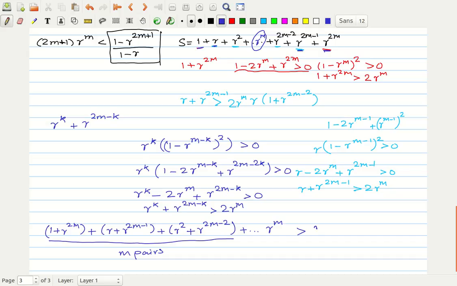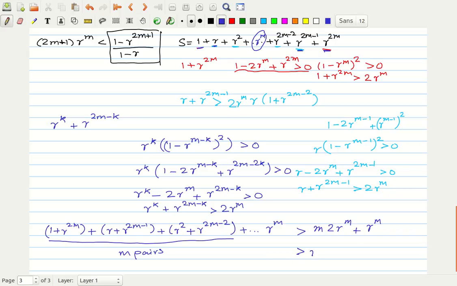So we know that this is greater than m times 2 r to the power m plus, this is r to the power m over here, so I'll just copy r to the power m like this.